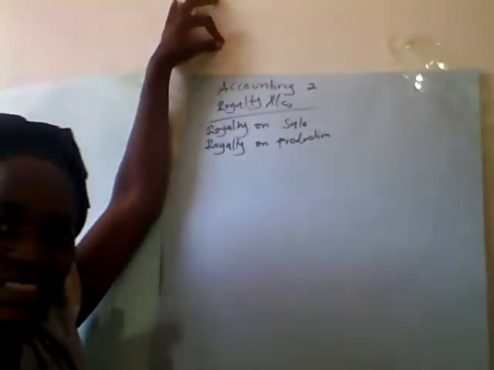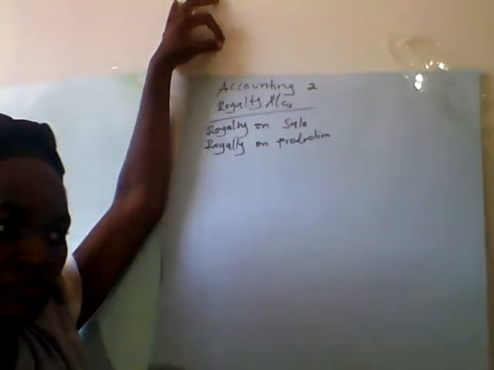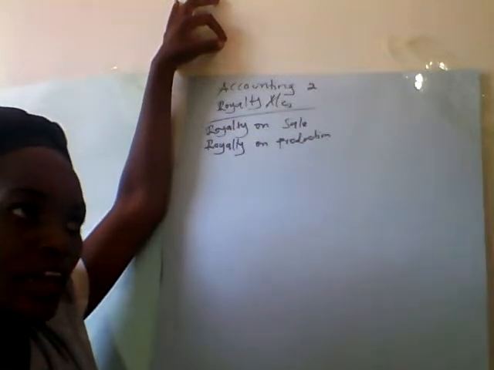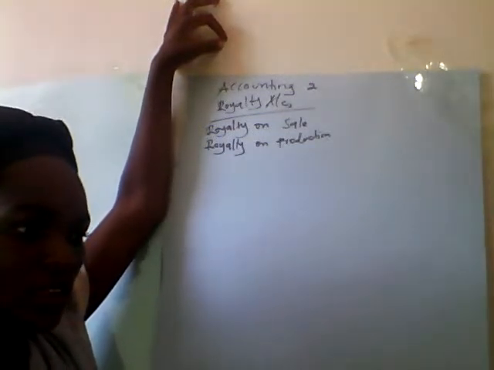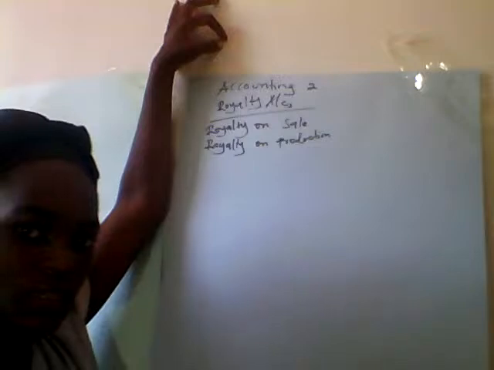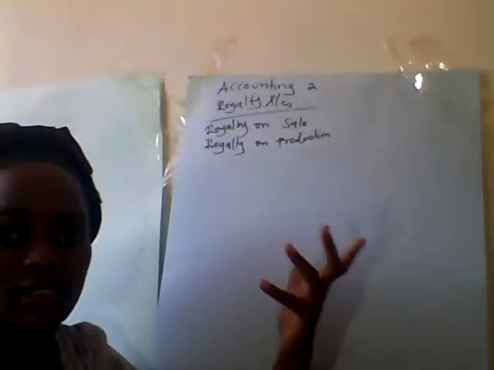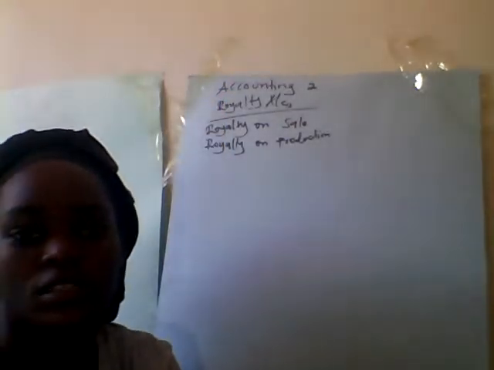Every copy that you sell, you are supposed to pay them 10%. And that's what we call royalty on sale.